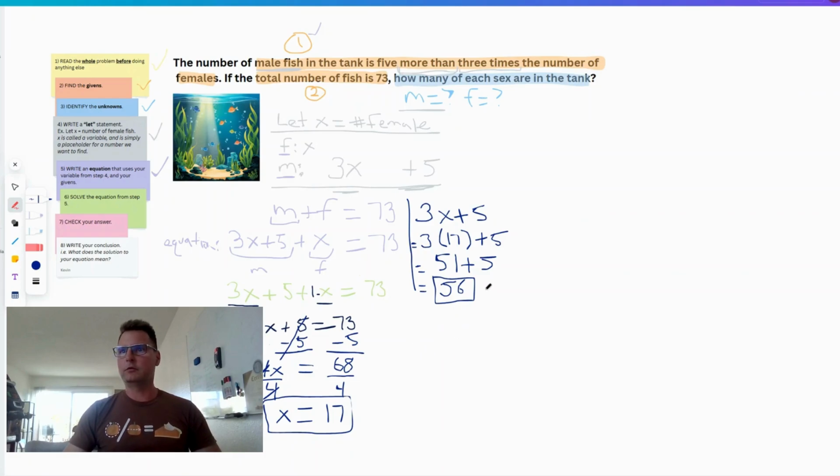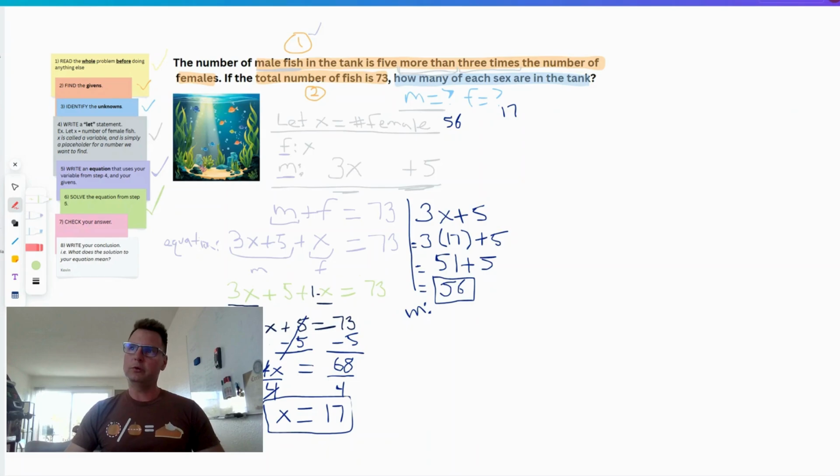It is the number of male fish, right? Okay, so we have now solved for both of our unknowns. We solved our equation plus a little extra credit. So let's celebrate. Check off that step.